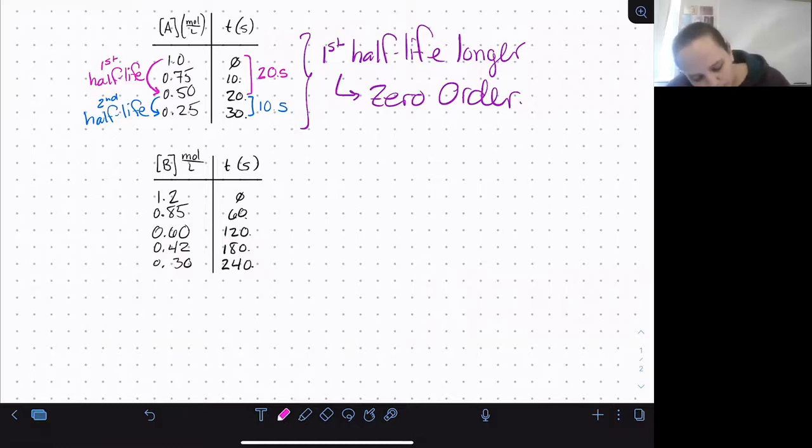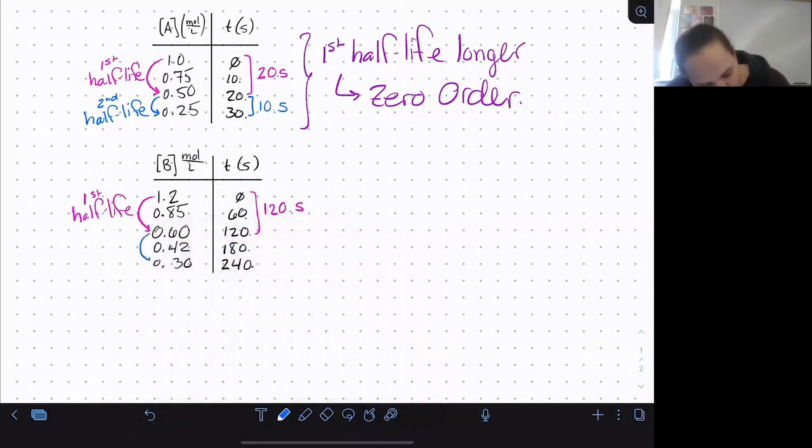So if we're starting at a concentration of 1.2, that means my first half-life is going from 1.2 to 0.6, cutting my concentration in half. So that is my first half-life, from 0 to 120. So that is 120 seconds.